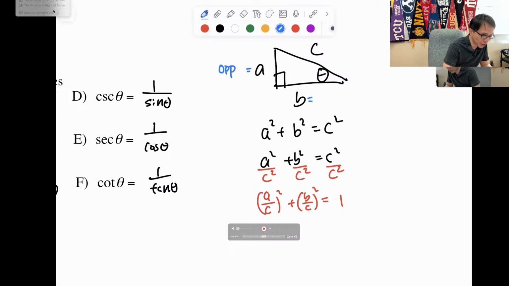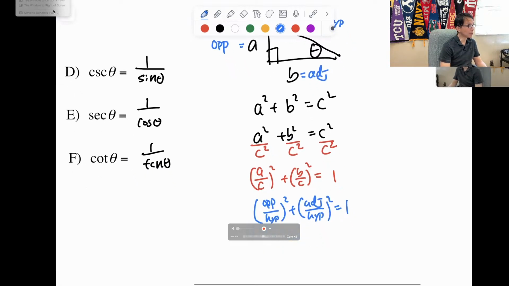B is called adjacent because it's next to the theta. C is the hypotenuse because C is facing 90 degrees. Am I going too fast? So I can write it as opposite over hypotenuse squared plus adjacent over hypotenuse squared is equal to 1.